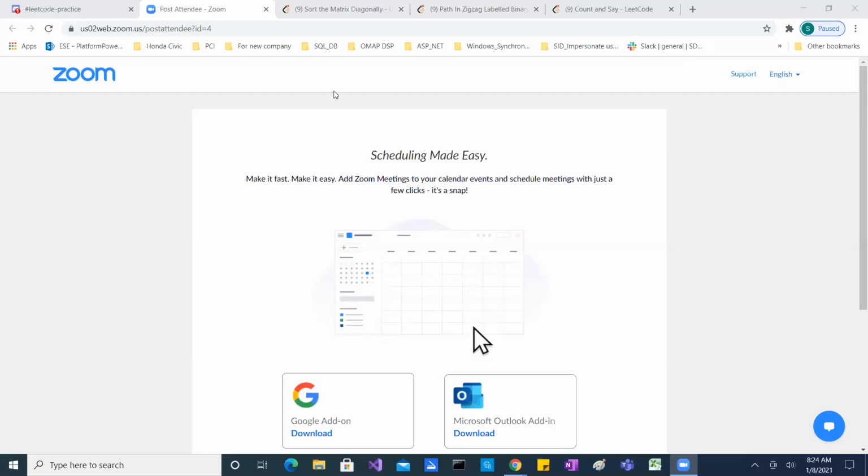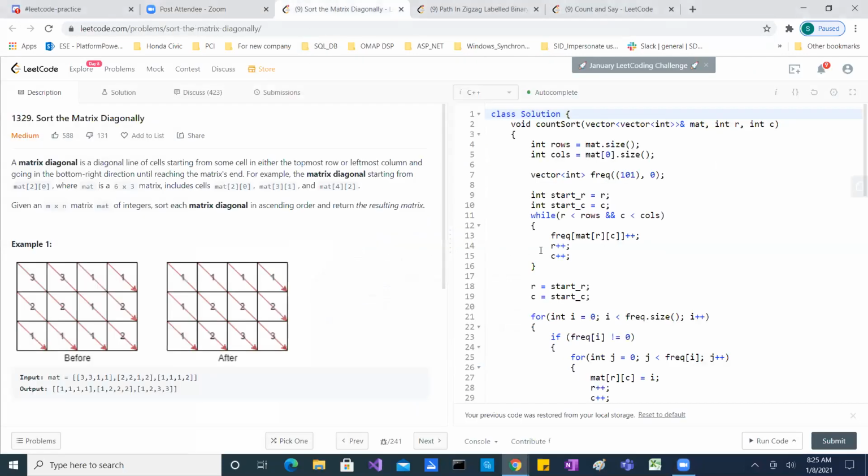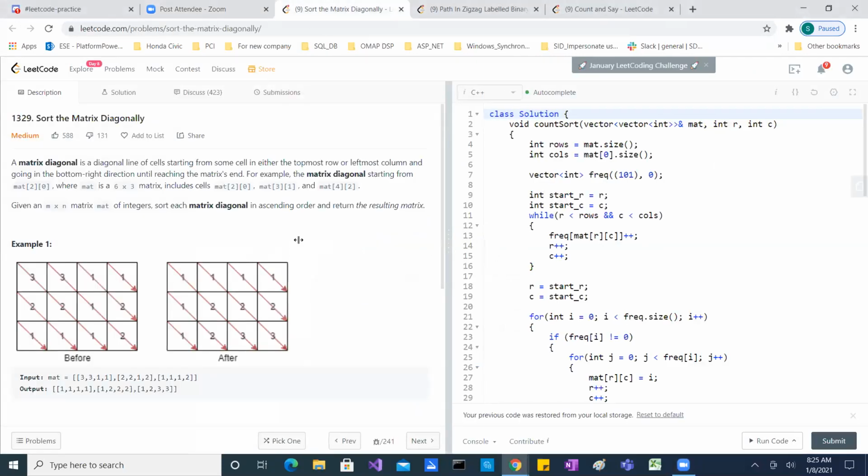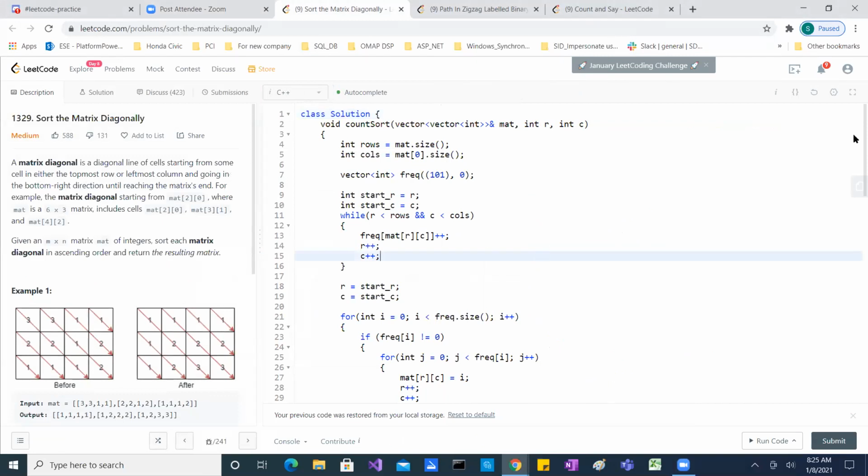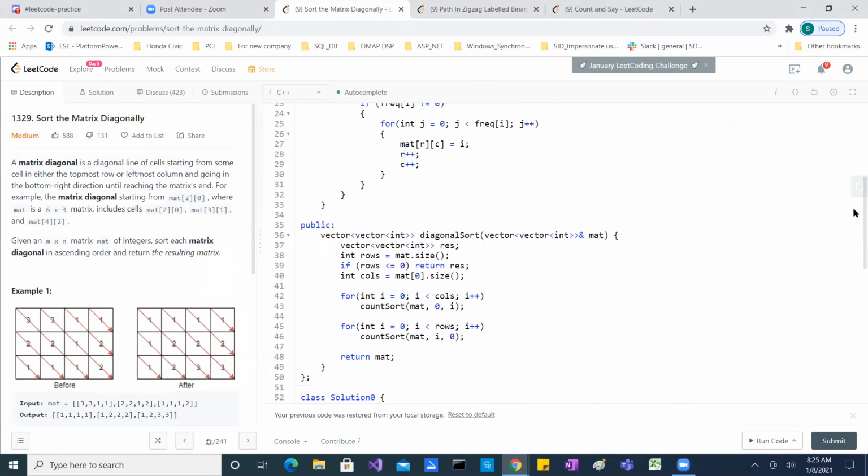It's not very different than what you have done. Here you see the way you are going through all of these diagonals, j minus i.